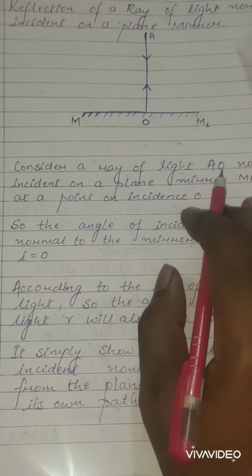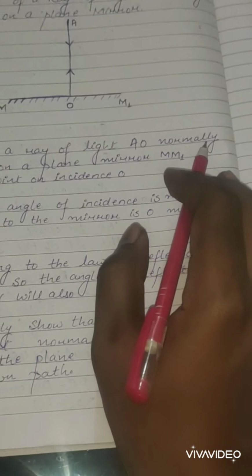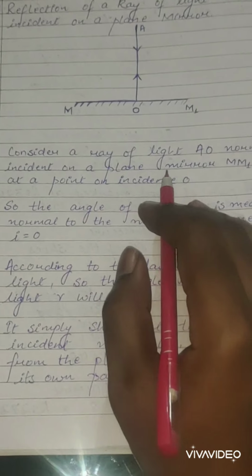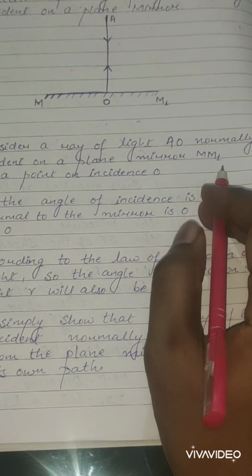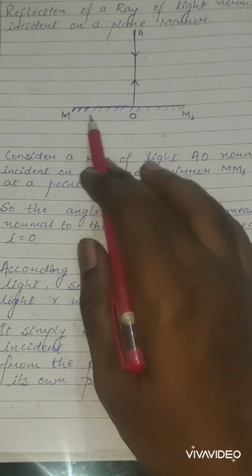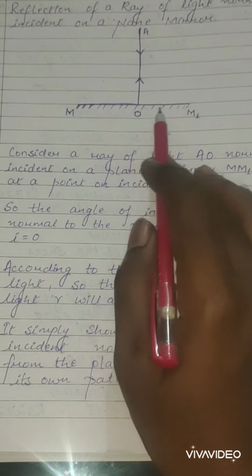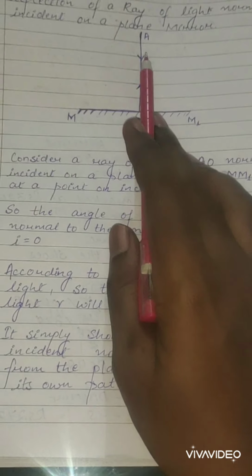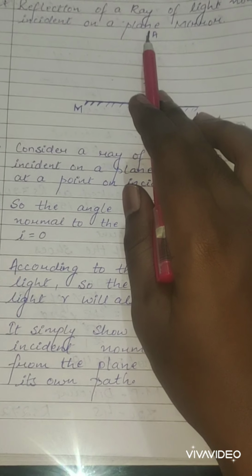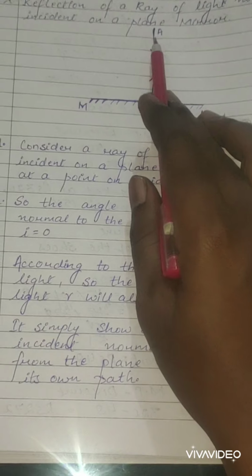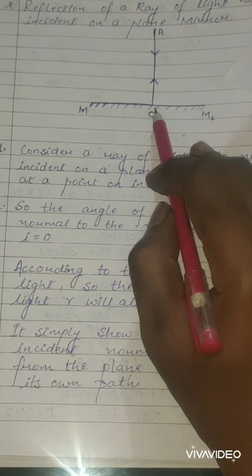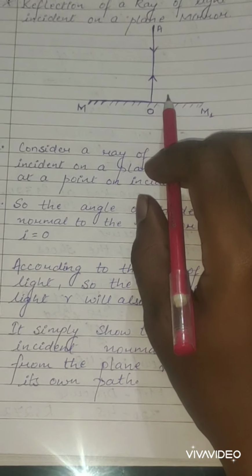Consider a ray of light AO normally incident on a plane mirror M and M1. So this is a plane mirror M and M1. Then a ray of light is reflected from this angle, which is the normal line.